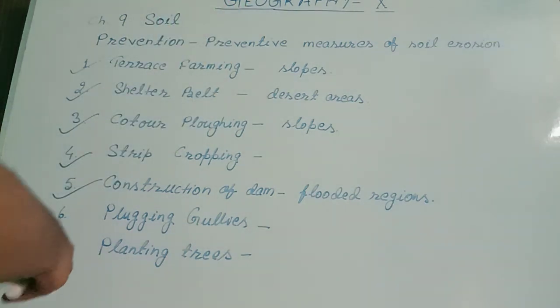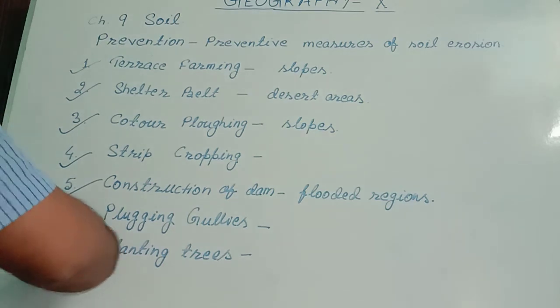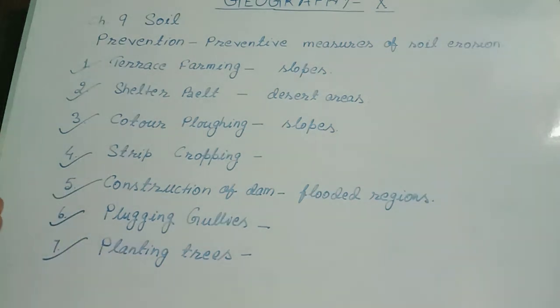And number 7, that is very common and the most important, planting of trees. If there is no vegetation, then the soil particles become loose, and those loose soil particles are eroded easily by the agents of erosion.